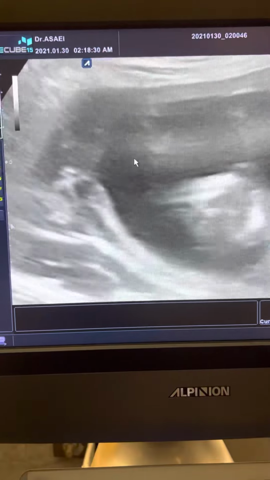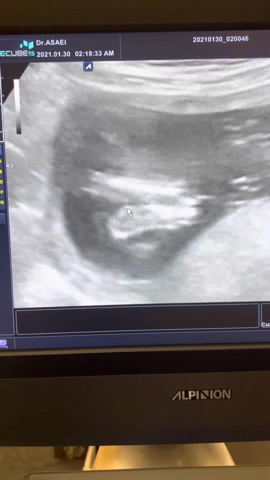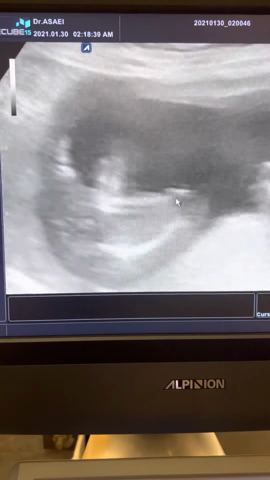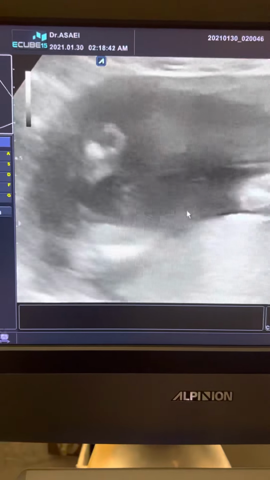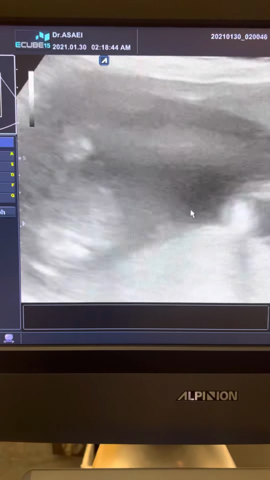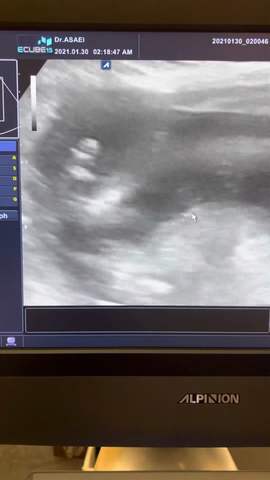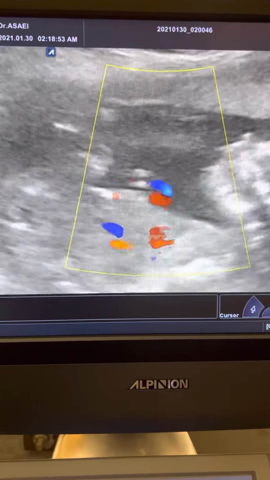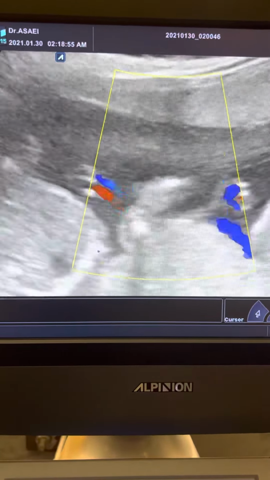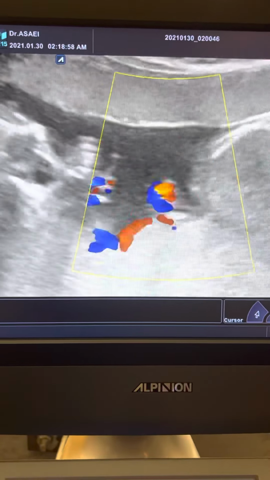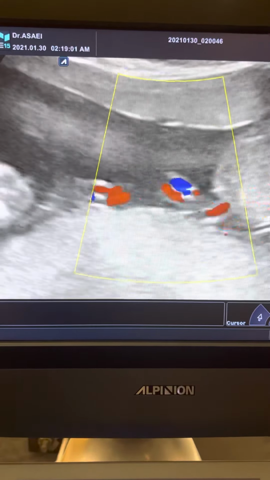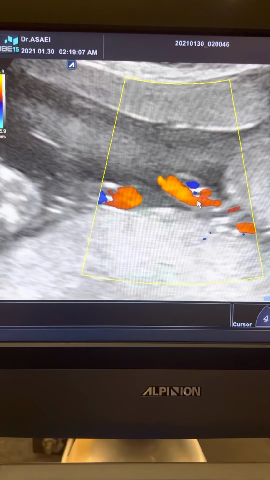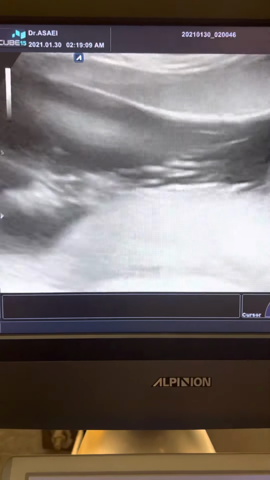Again, the fingers of the foot and another foot also. We'll check the umbilical cord for 3 vessel pattern, and here we see 3 vessels, so it's normal.